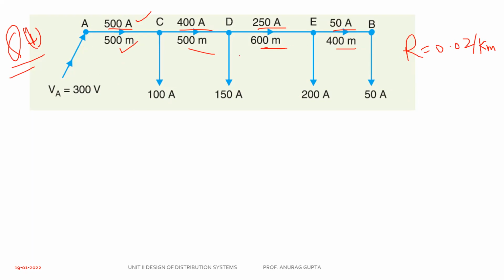So the line length is 2 kilometer in total. I am giving the resistance as 0.02 ohm per kilometer. Now give me the value of voltage at each point. I want the voltage at B, E, C, and D. How will you find it? Tell me.